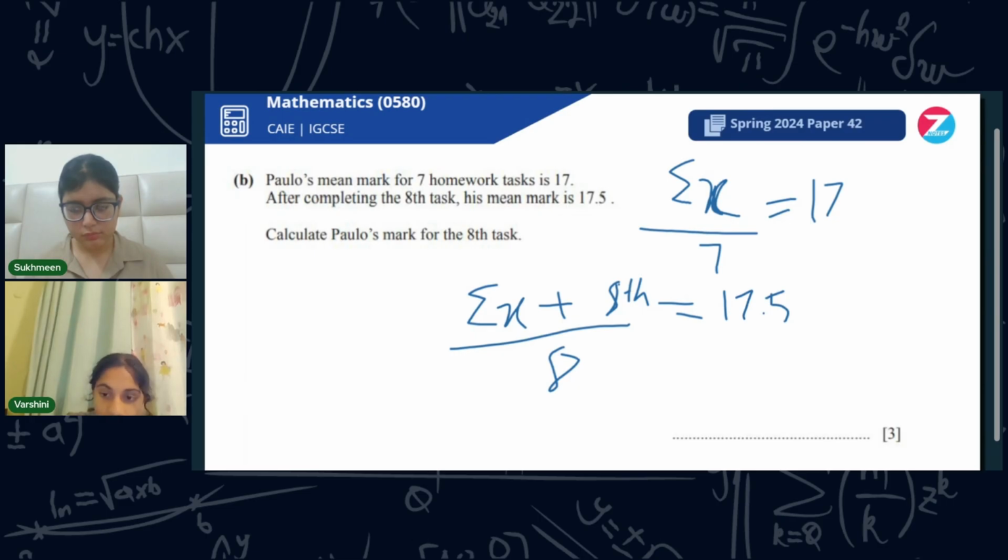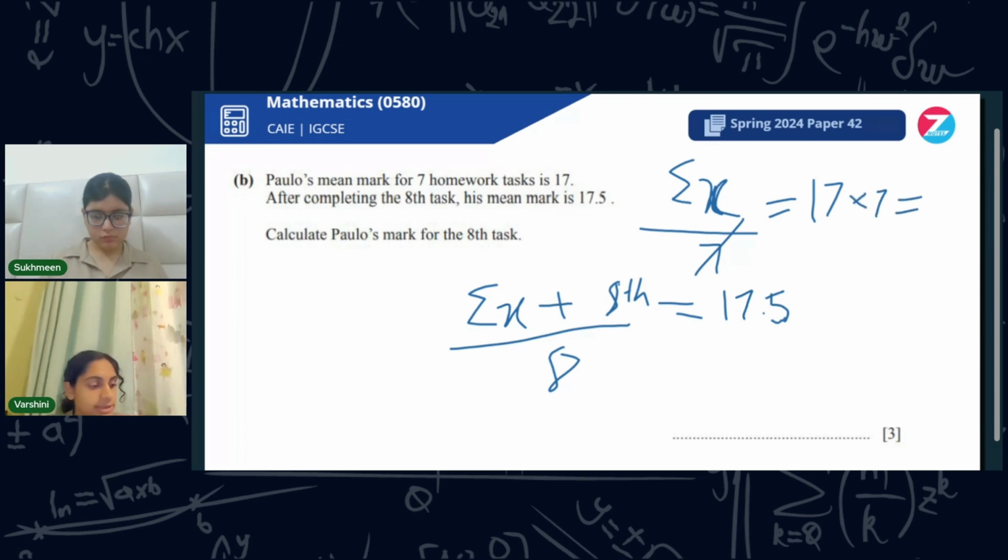So first, let's calculate the sum of x, the sum of the 7 values. So we just need to get rid of the denominator. We're going to multiply both sides by 7, and we're just going to get 17 times 7, which is equal to 119.